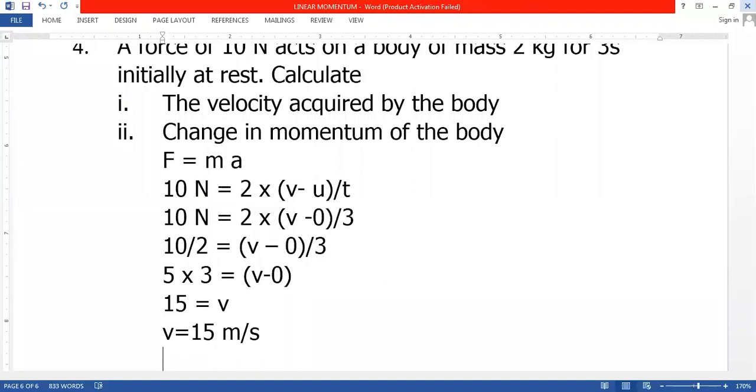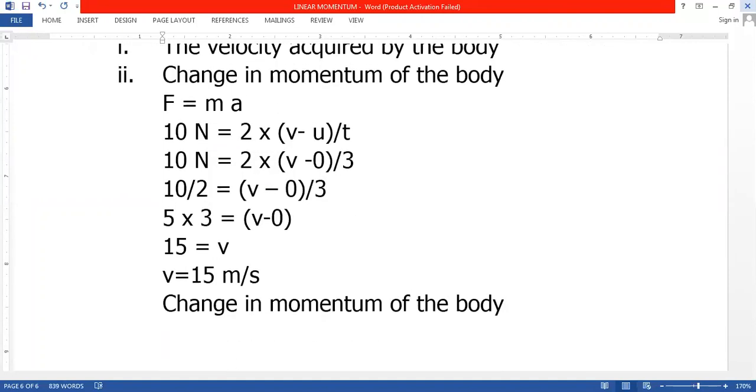So let's talk about the change in momentum. Change in momentum of the body. So how much is the change in momentum? Change in momentum is delta P. Yes or no? So it is mass into change in velocity, V minus U. Yes or no?